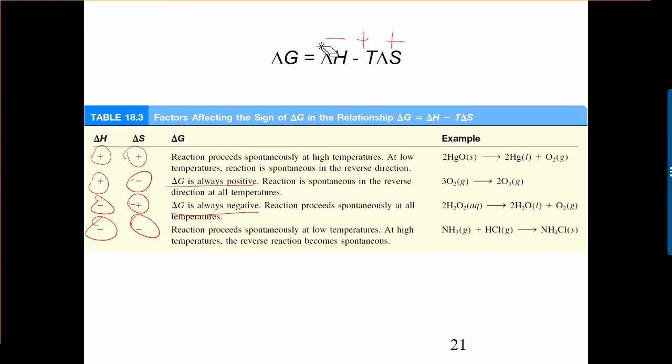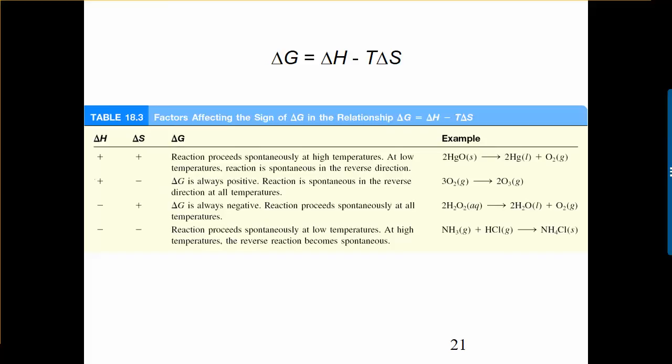So that's how I'm going to describe delta G simply from the signs. And you'll have questions like that. What is the sign of delta G given that delta H is positive and delta S is positive? It's temperature dependent. It's spontaneous at high temperatures, and it's non-spontaneous at low temperatures.